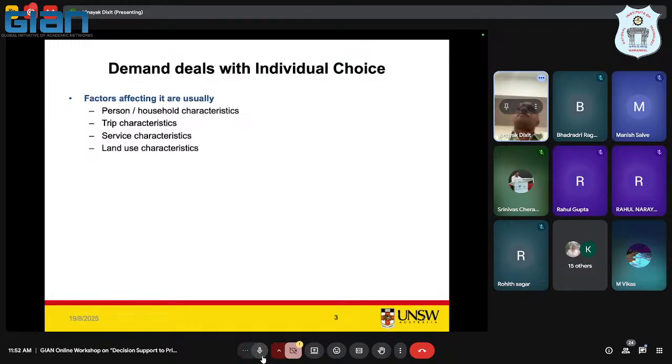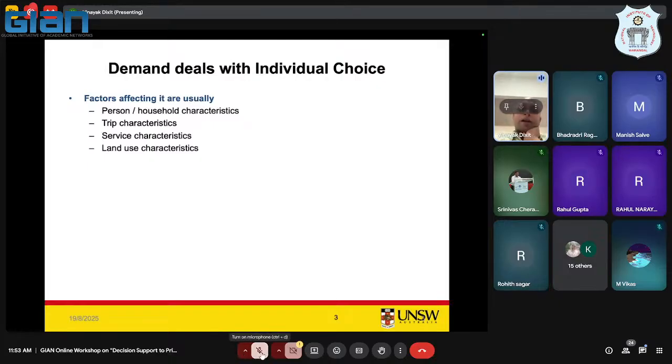For instance, the decision of whether or not you're going to buy a vehicle is usually a household choice, and these choices are affected by a lot of factors associated with person and household characteristics like age, demographics, etc., which Raghu was pointing out in yesterday evening's lecture.